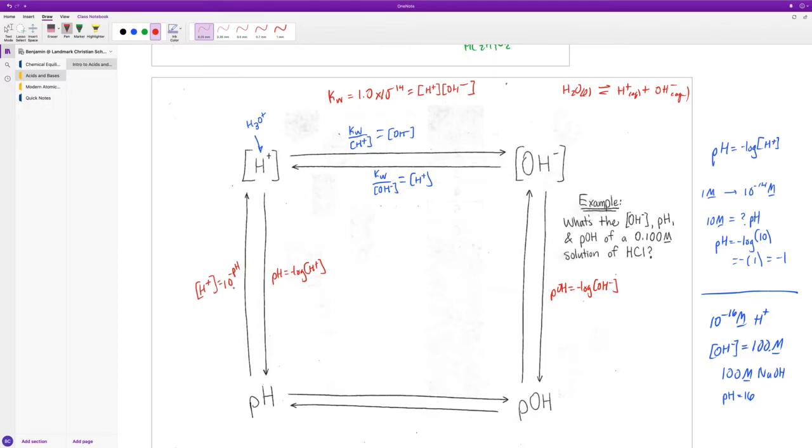And just like we did over here, you could undo that logarithm, and OH minus concentration is going to be equal to 10 raised to the negative pOH.